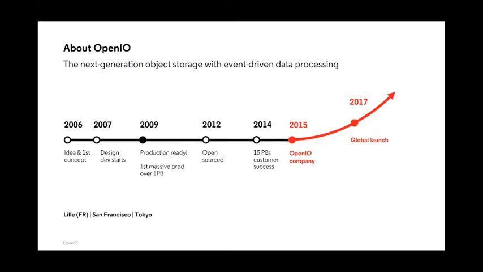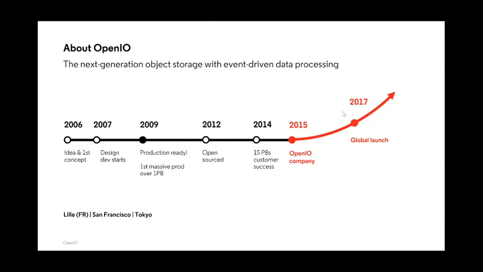About the company, for who doesn't know OpenIO, it's a company started in 2015, so it's a very young startup. Actually, our product is very mature because the development started in 2006 from an idea that the founding team had to solve a problem for a big French customer here in Europe.